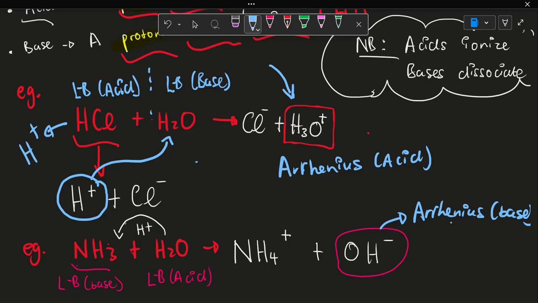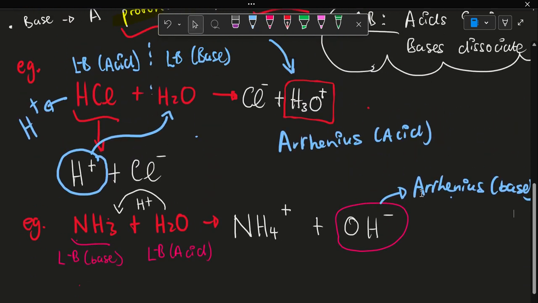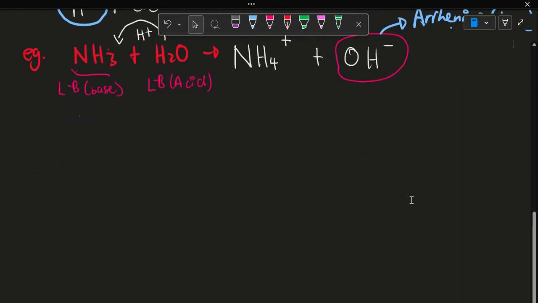NH3 is also a Lowry-Bronsted base, because it gained a proton. Just an NB for yourself.